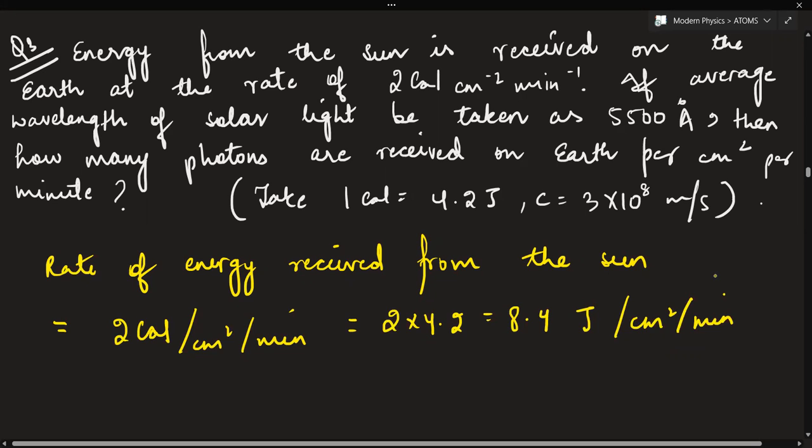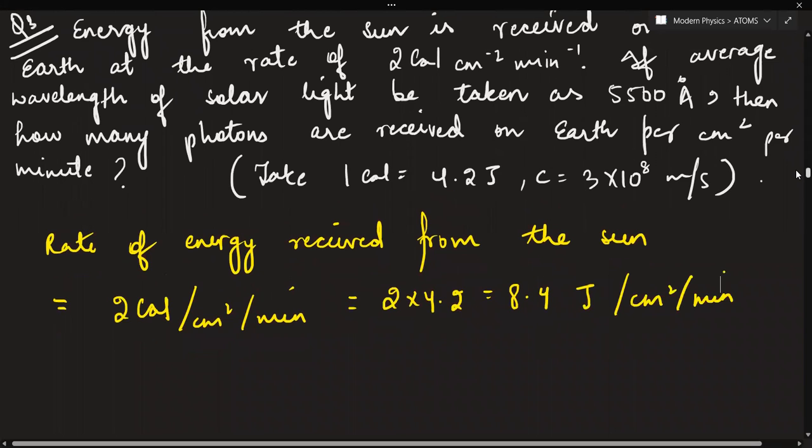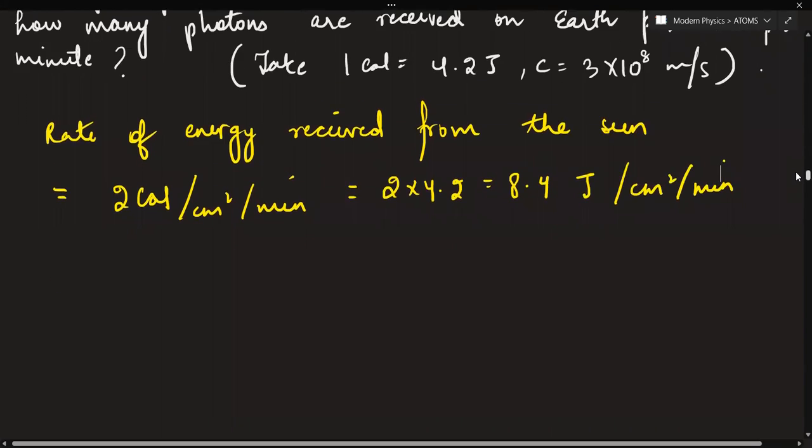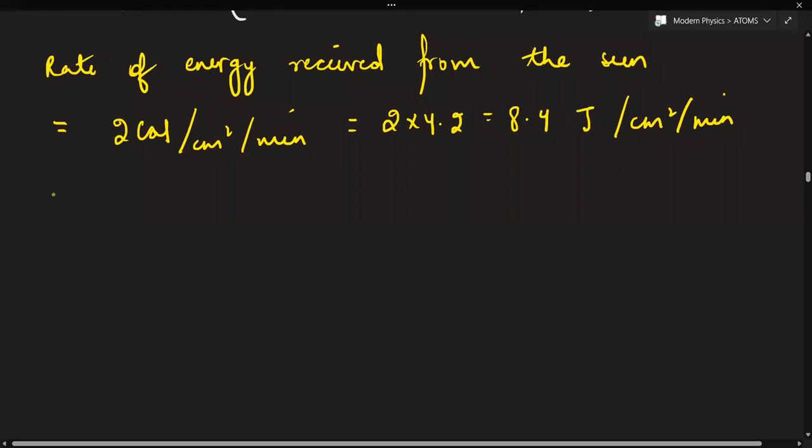All right. Now see, energy of a photon received from the sun is what? You have the wavelength of the solar light given to you as 5500 angstrom. Yes, E is equal to hc by lambda.